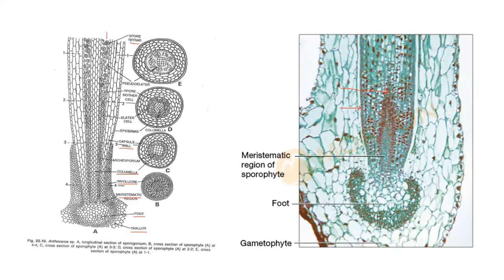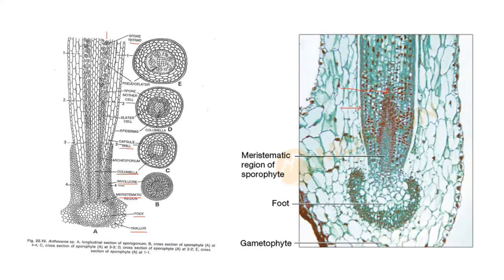Okay. Next, the second part, the most important part, because it is sporogenous tissue. Without sporogenous tissue, spores cannot be produced, and there is no meaning of a sporophyte without sporogenous tissue. Sporogenous tissue is present between the capsule wall and the central sterile region. The central region is called columella, and it is sterile, the opposite of fertile. What is meant by fertile? The one which usually produces something.